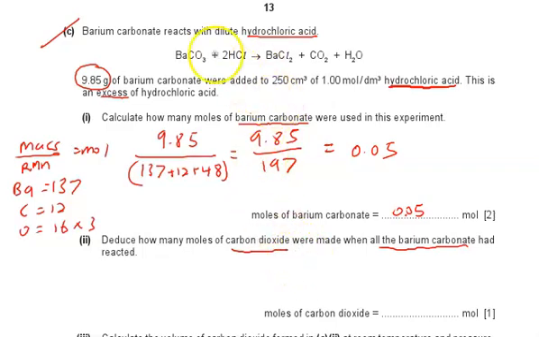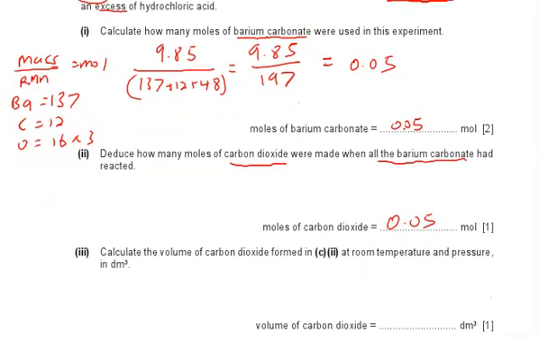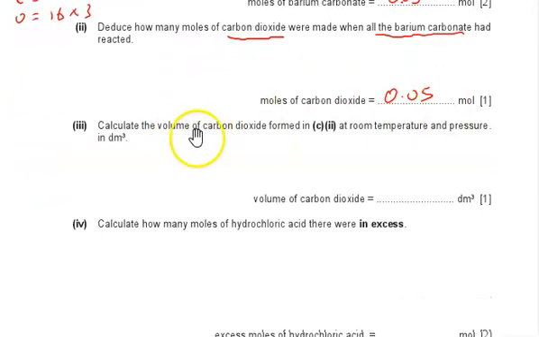Deduce how many mole of carbon dioxide were made when all barium carbonate had reacted. We look at the ratio: 1 to 1, so you must have the same mole. The barium carbonate is 0.05, so the carbon dioxide must also be 0.05. Now the next one: calculate the volume of carbon dioxide formed at room temperature.